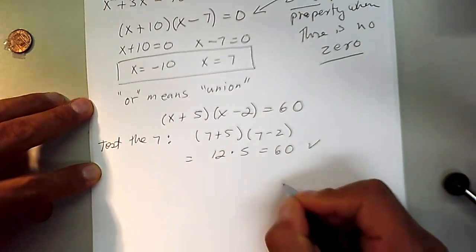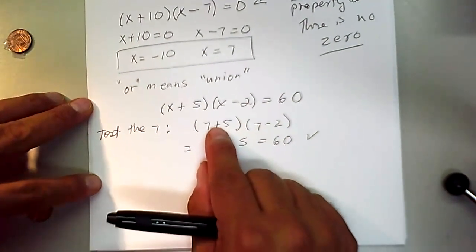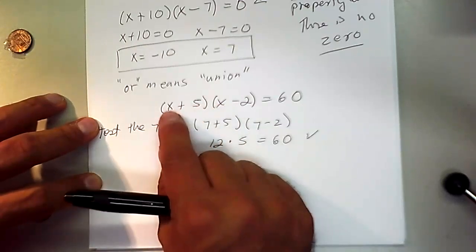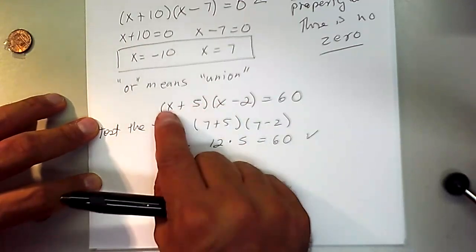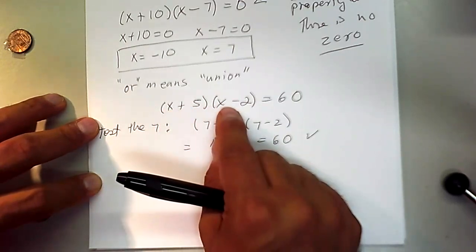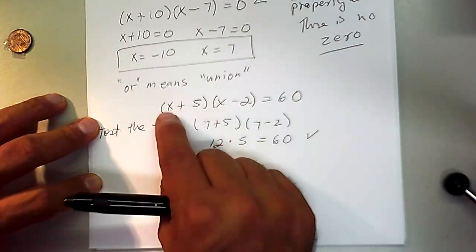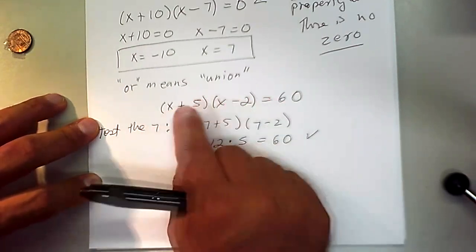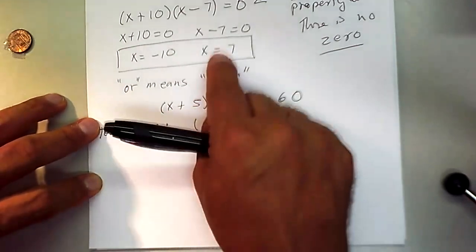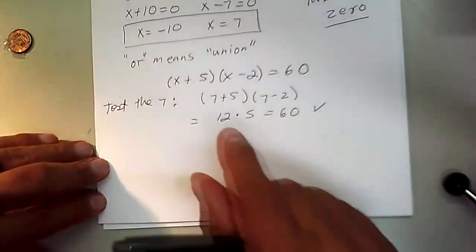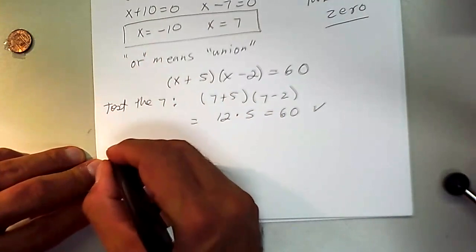So we're good. Now, the one thing I want to emphasize is that we have to use 7 for both of the x's. We cannot use 7 here and negative 10 there, or the other way around. We have to have 7 for every one of the x's that shows up in the equation. When we have one solution that works independently, the other solution also works.